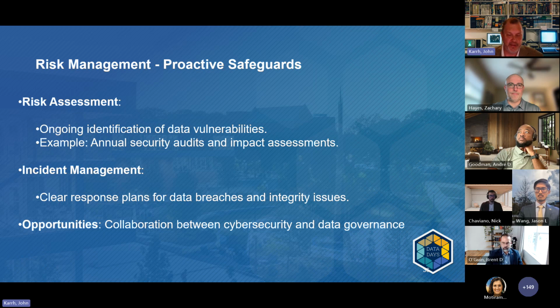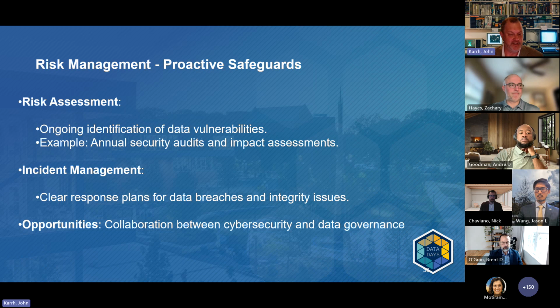So the other piece that's important, and again, it's coordinated with various units as well. The biggest unit for us for that is not only Zach's unit, but also the Office of General Counsel with their risk management program, is those proactive safeguards. Zach identifies the data as part of his work. He's got those protections that he's working on.